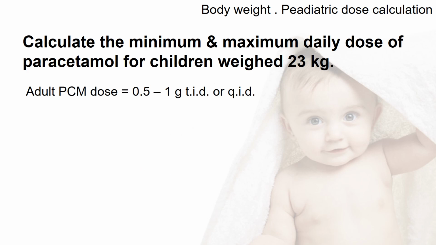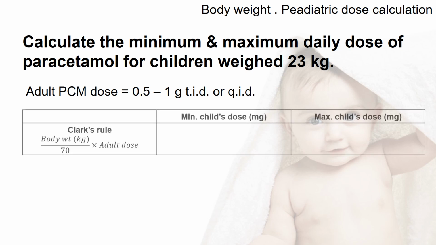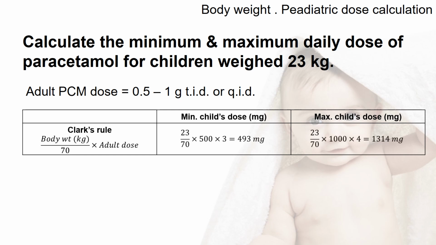Using the same example, if the child weighs 23 kg, what is the maximum and minimum daily dose? Based on Clark's rule, it is about 500 to 1300 milligrams.